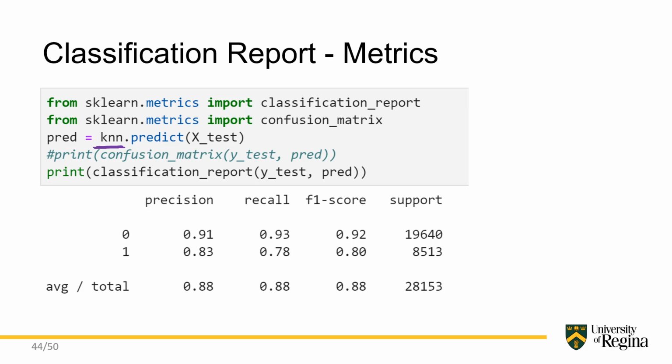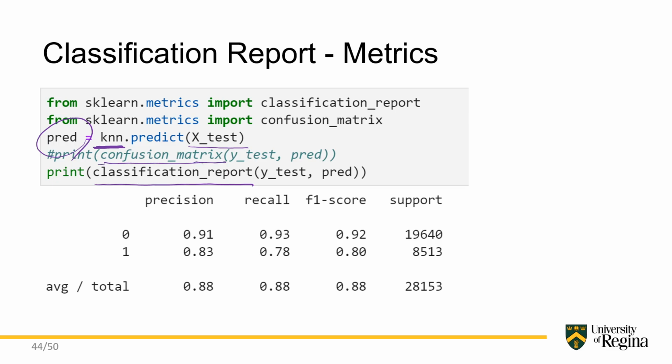Now, once that training is done, we want to know what the actual prediction score is. So we provide the X of test, which is the test input to the model, but we do not provide the output to it. The model will then try to predict the outcomes, and we put them in the predict variable. There's also a confusion matrix that you could use, which is quite nice.